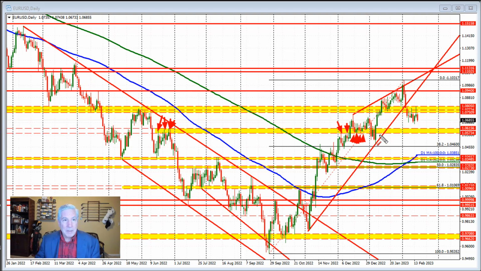In January, it got a little messy, admittedly, for this four-day period as the market tried to figure out if it could go lower from here. Couldn't, and started to move to the upside.